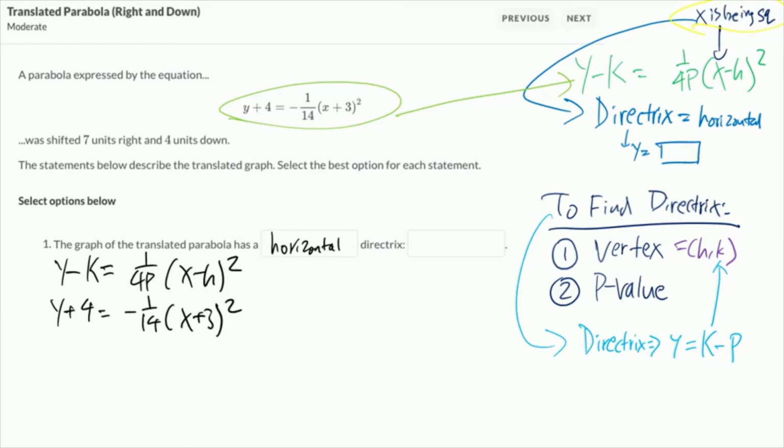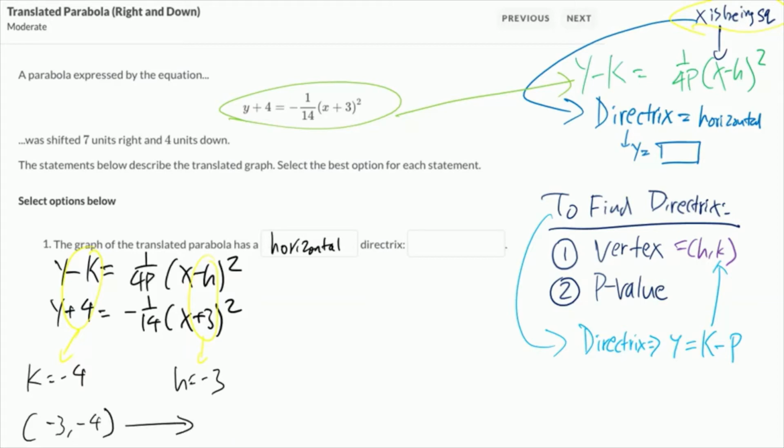From this, we know that k equals negative 4 and h equals negative 3. So our vertex for our original parabola is negative 3 comma negative 4.